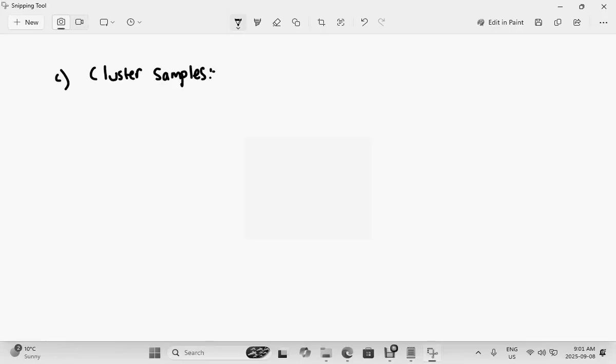Now, in a cluster sample, you divide your population into clusters or groups.